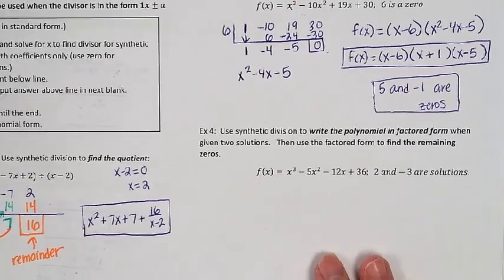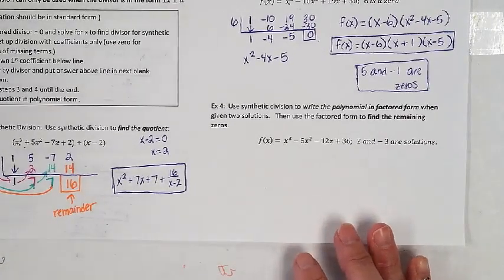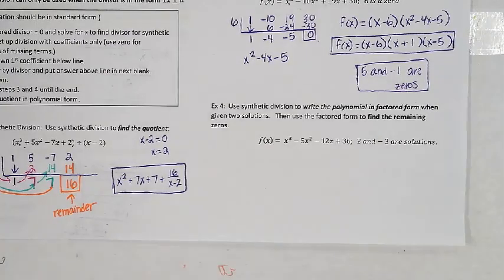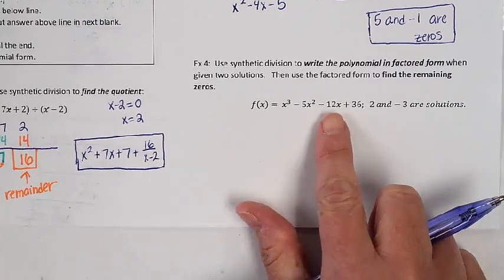Alright, last one. Real synthetic division, we're going to do the same thing, write it in factored form, find the remaining zeros. So we have x cubed minus 5x squared minus 12x plus 36. It is in standard form, it's not missing any terms. This time, it says 2 and negative 3 are solutions.